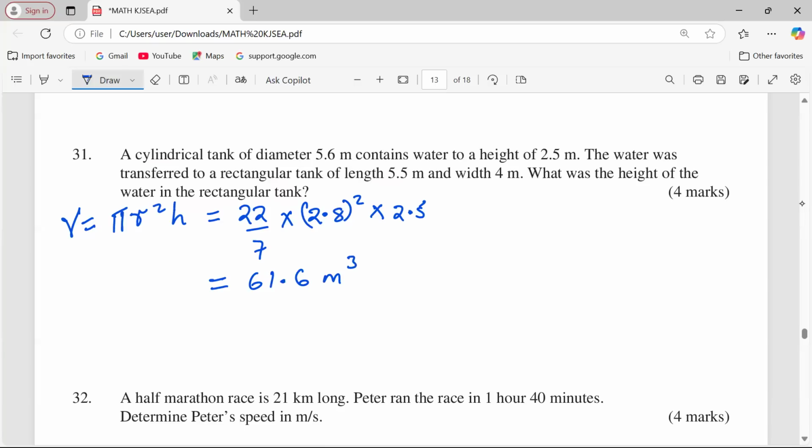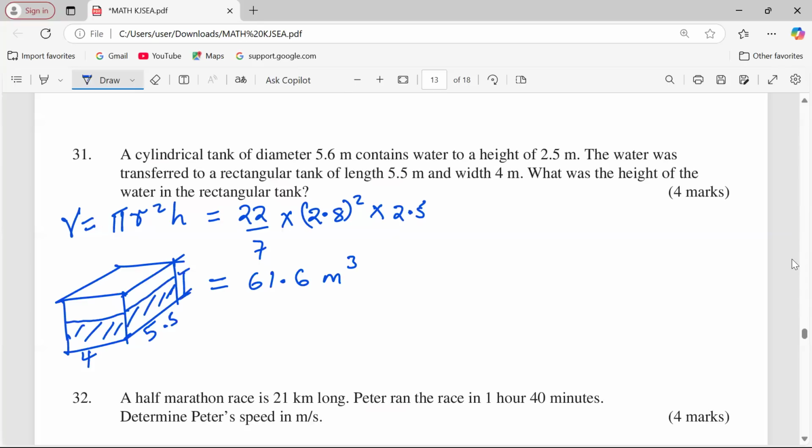Now this exact volume is being transferred into a rectangular container this way. Now this rectangular container has a length of 5.5 and a width of 4. But now the water will come in and occupy a certain height. So it is the height that we are calculating now.